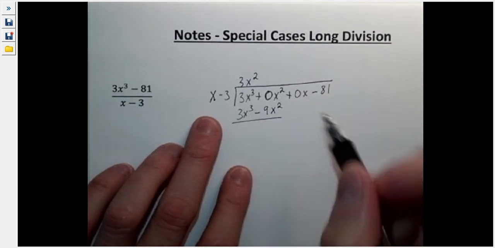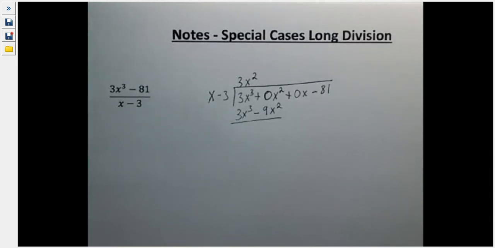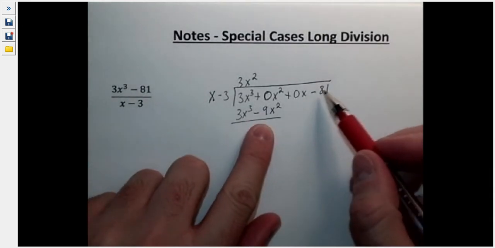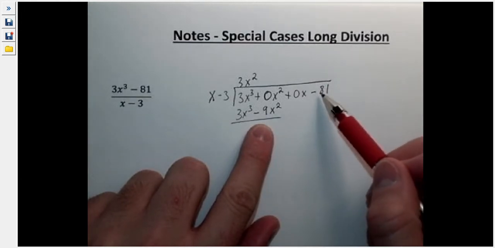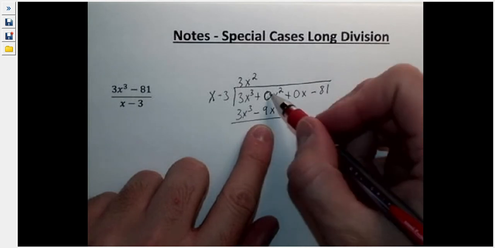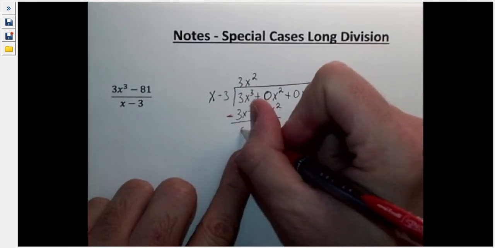So you can see right here, if I had not put that placeholder here, I would have ended up having this negative 9x squared under the negative 81. And you can't subtract this from this. It has to be the same terms. So we put that 0 there so that when we change the signs, we get 0.